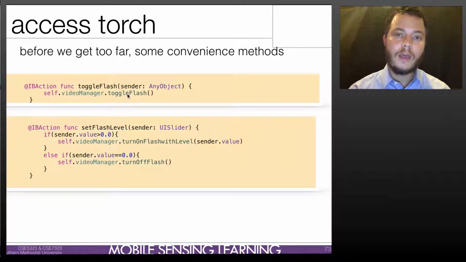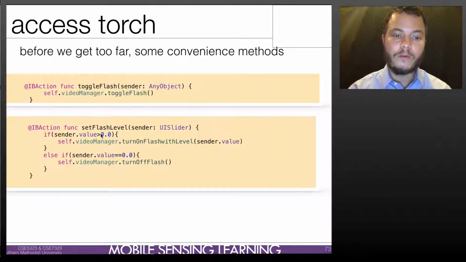If you're using an iPhone 5S or better, you can actually set the flash level, right? And so you'll do that with self.videoManager.turnOnFlashWithLevel, and then you give it a value between 0 and 1, which controls the brightness of the flash. And so here I'm coming from a UI slider.